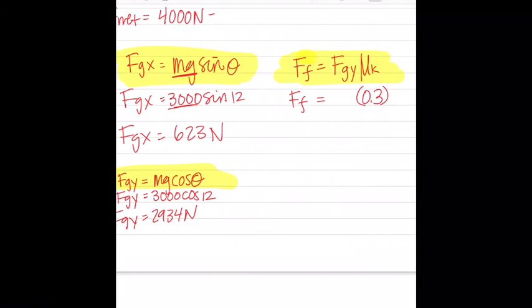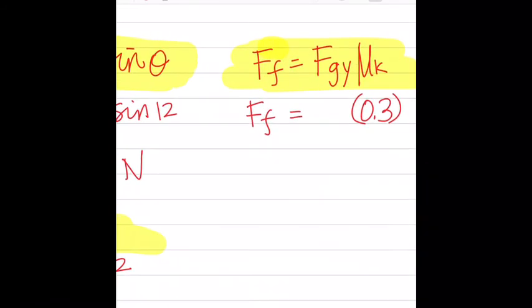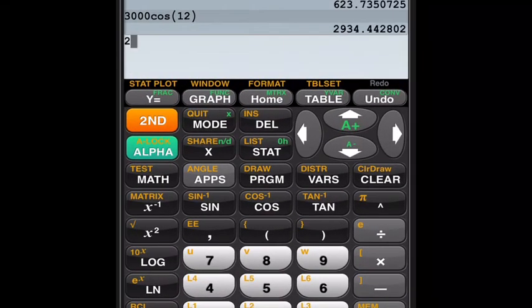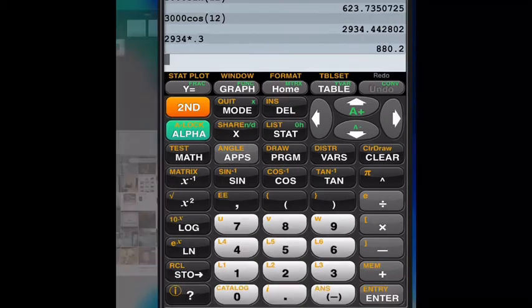We're almost done. So 2934 goes into here. So frictional force will be 2934 times 0.3, which is 880.